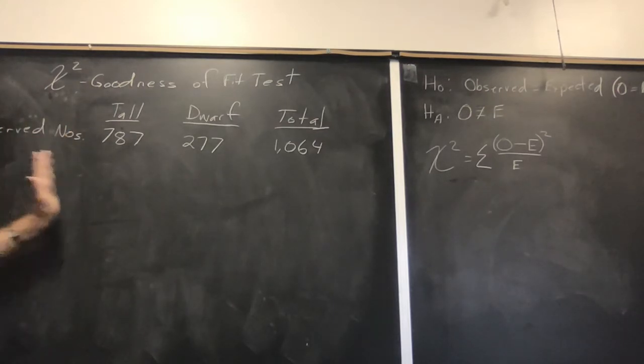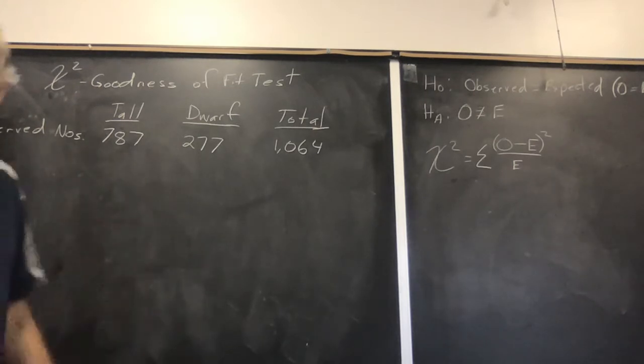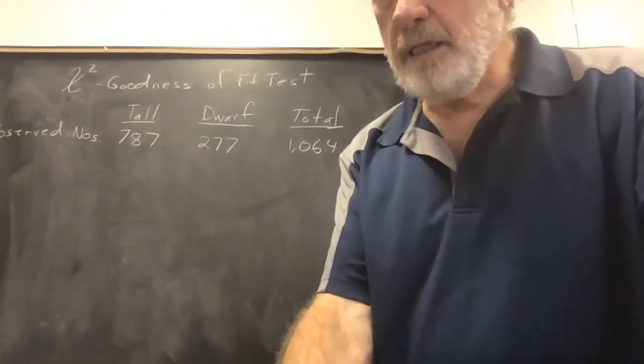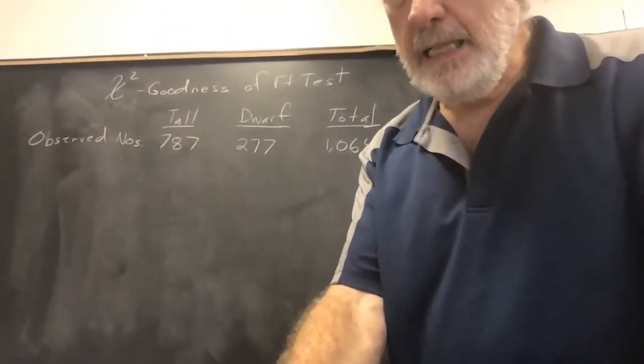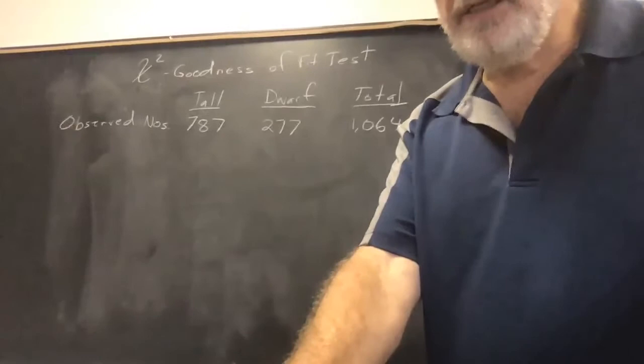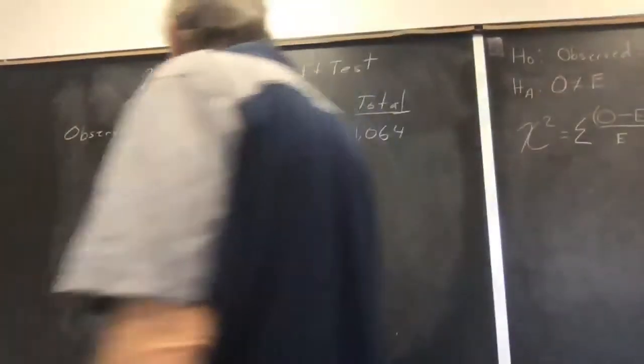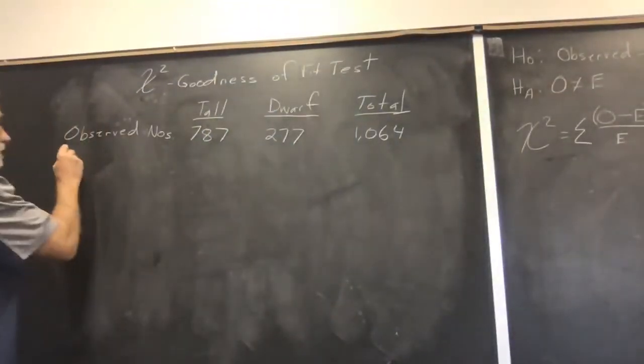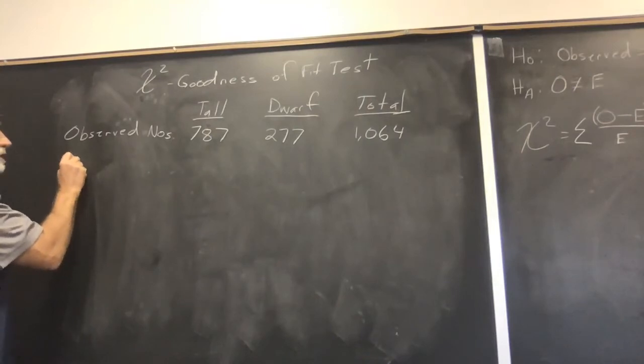I'll calculate this chi-square value as a table. So can we see everything? Okay, let me move the camera a little bit here. Okay, there we go. Our next row is our expected proportions.